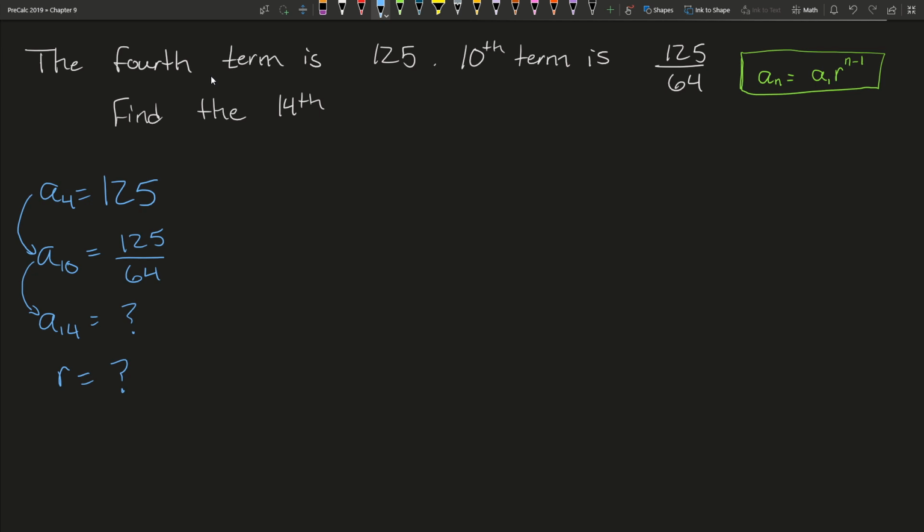Okay, so remember, a geometric sequence is when we multiply by some number over and over again. Okay, so if we start at A4 and we have to get to A10, we have to multiply by some number a couple of times.